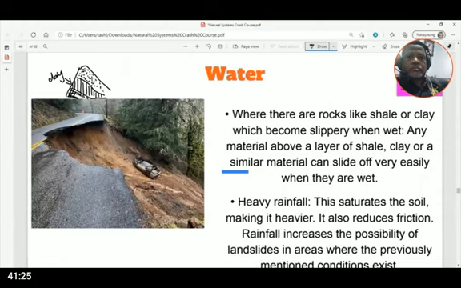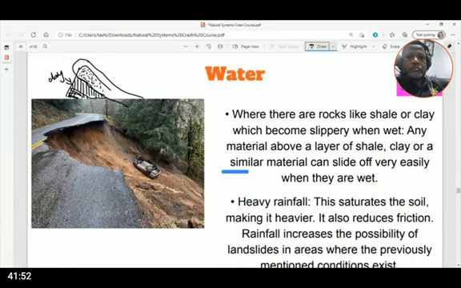So once the clay gets wet, everything that is above the clay is just going to slide off. So all of what is at the top is going to slide all the way off. So what we would end up with now is just the clay that is left there. So the water would have acted as a lubricant, and it would have caused all of that material to slip off.